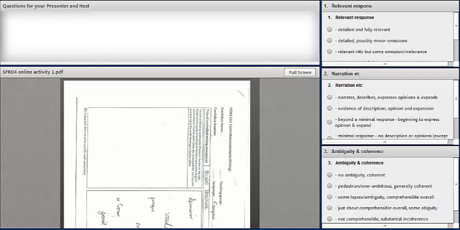Okay, so what you should have in front of you is a script and some boxes which contain various comments from the mark scheme. But before I go through those in detail, I just want to say a few things about what examiners look for when they first look at a script, because it's important that you understand how this works.